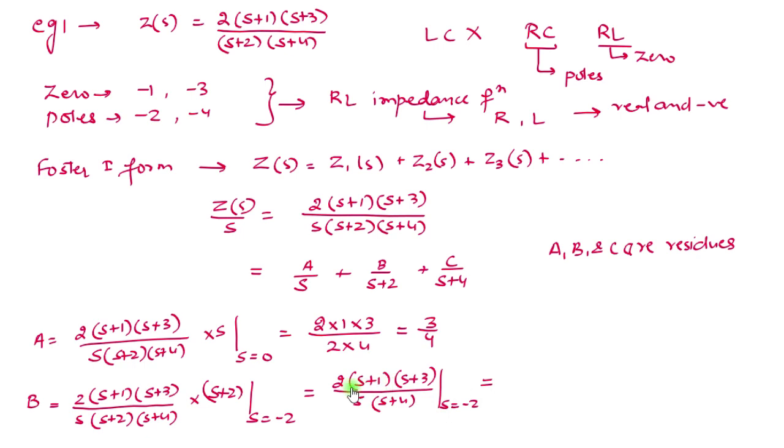Now I will substitute the value s equal to minus 2, and I will get 2 into minus 1, 1 whole divided by minus 2 into 2, and this will come out to be 1 by 2.